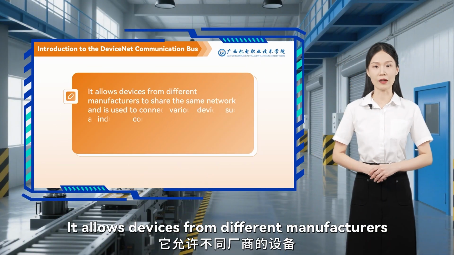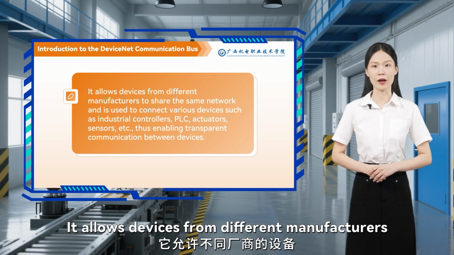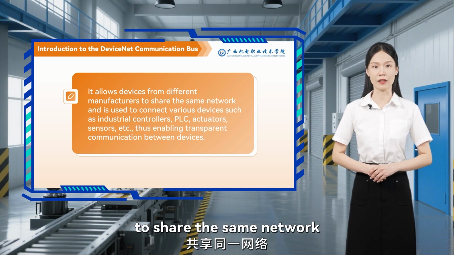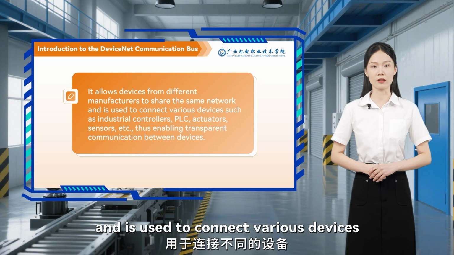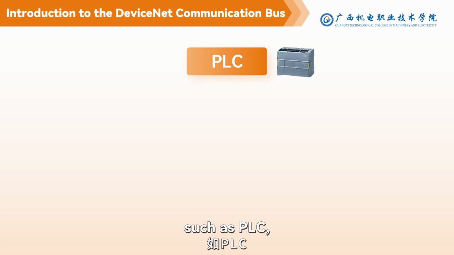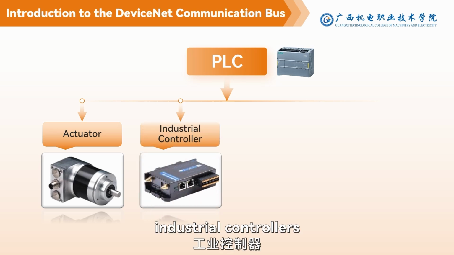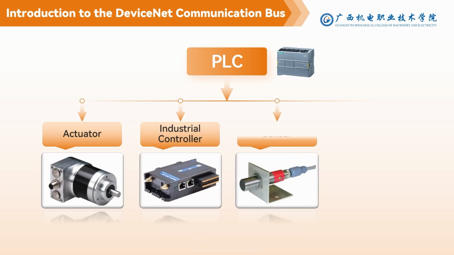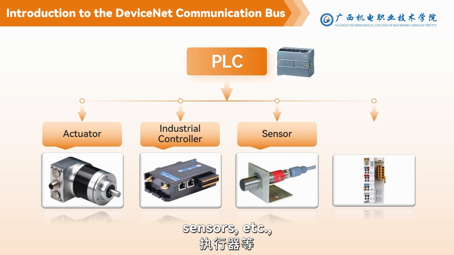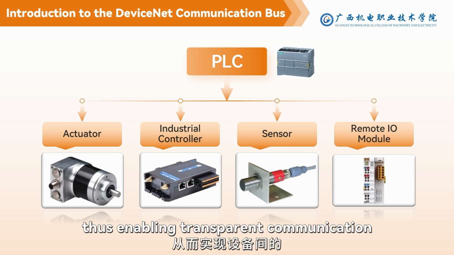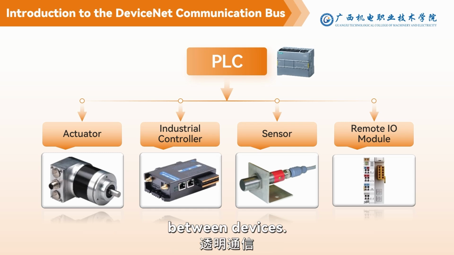It allows devices from different manufacturers to share the same network and is used to connect various devices, such as PLC, actuators, industry controllers, systems, etc., thus enabling transparent communications between devices.